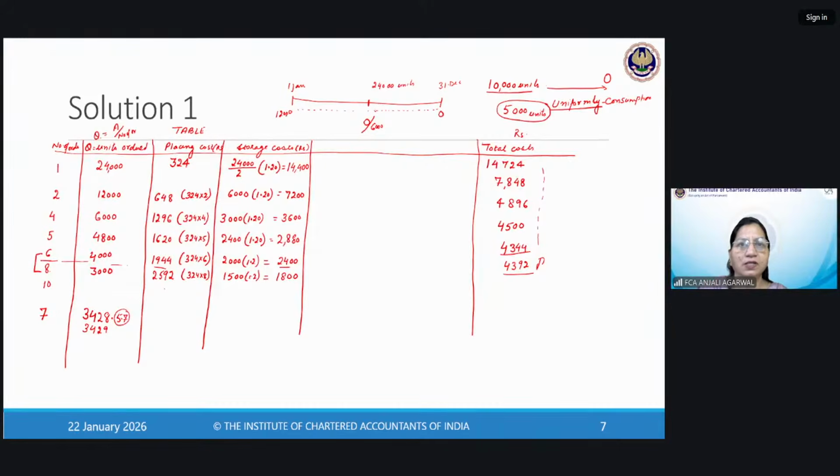What was the average you held in these 6 months? 12,000 plus 0 divided by 2, 6,000. And in the next 6 months, 12,000 plus 0 divided by 2, 6,000. So this means throughout the period you have held 6,000 units.